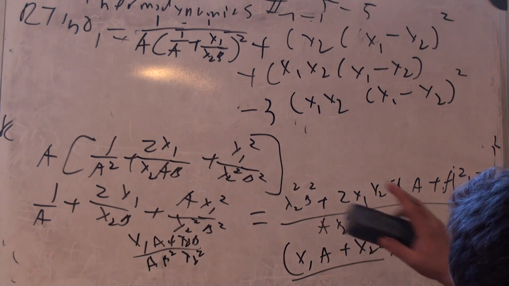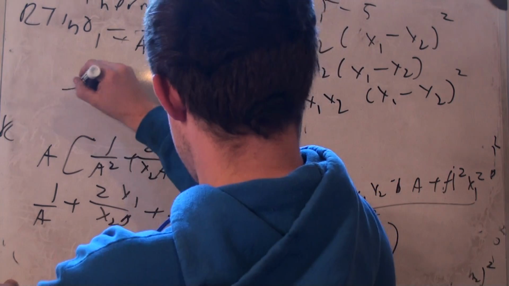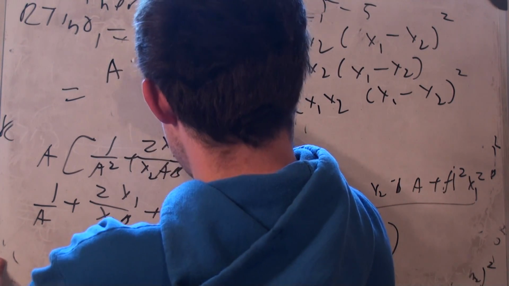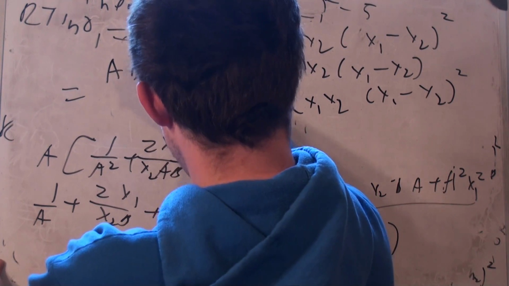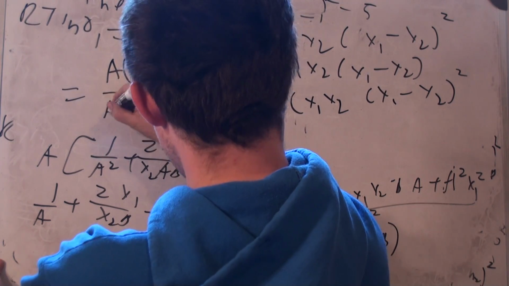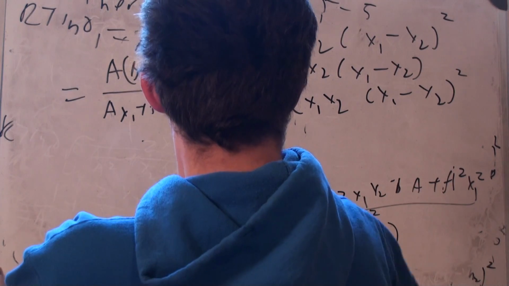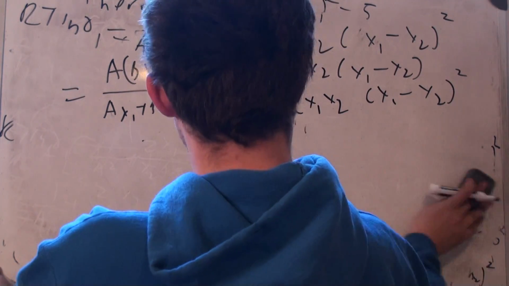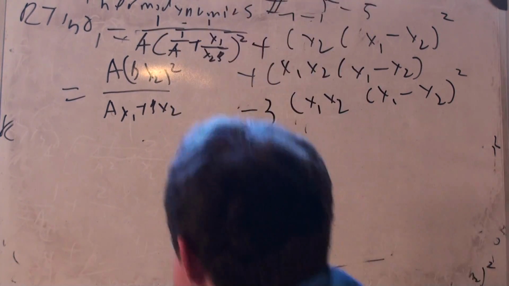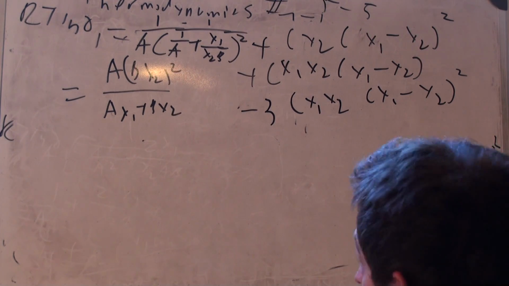And so this becomes a b x2 quantity squared over a x1 plus b x2. So that's as clean as that's going to get. Okay, so that does clean up, which is nice.